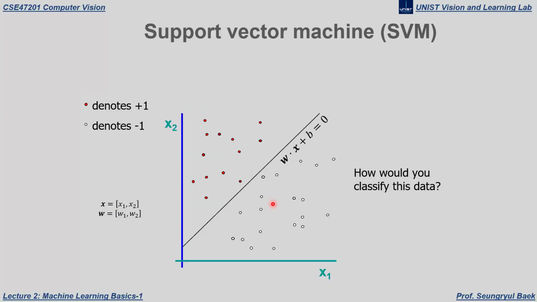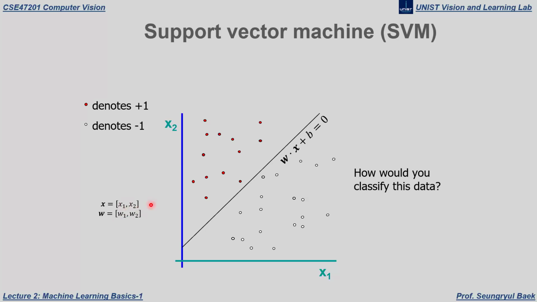We have to first define notation. Normally, if we have two-dimensional input, we call that X and Y values, right? But we will call them X1 and X2, okay?